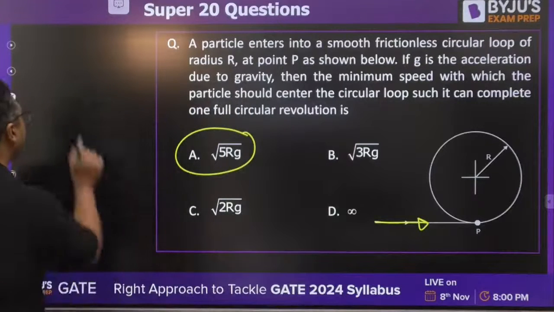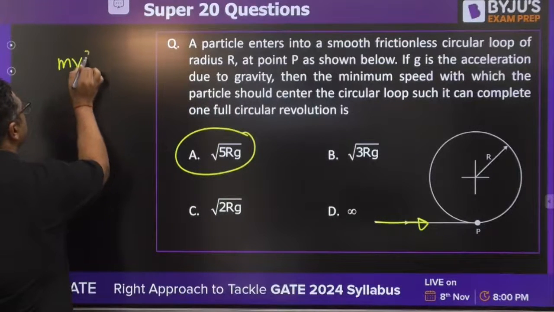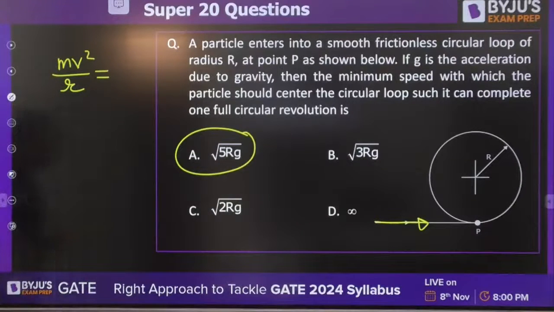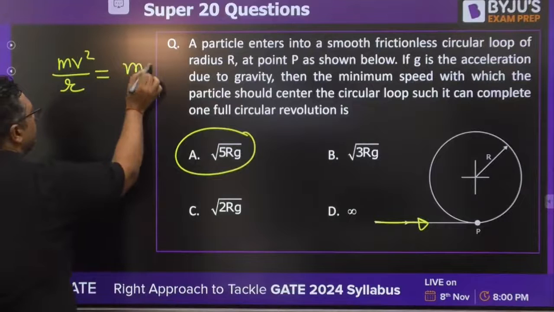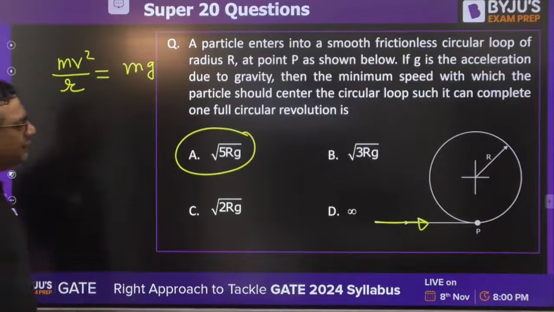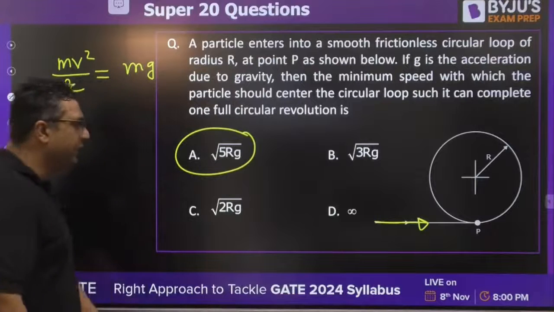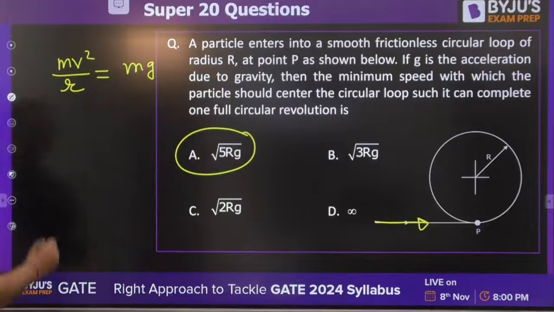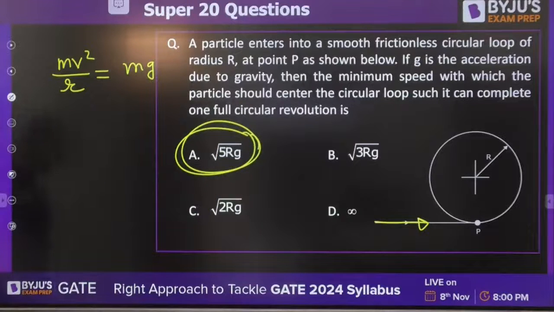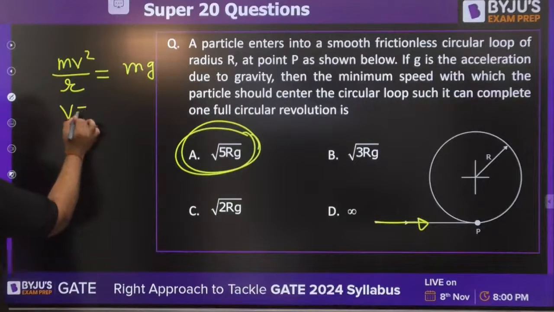Are we equating centripetal force mv square upon r with the mg? Then you will be getting, yes. Is it clear? This is at point A. So when you do this, you will be getting V to be root rg.